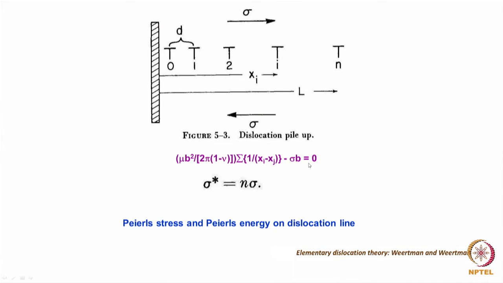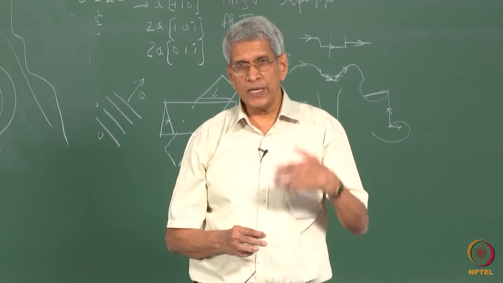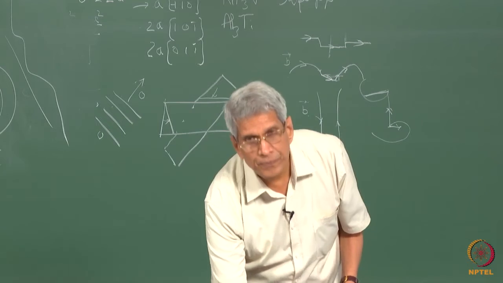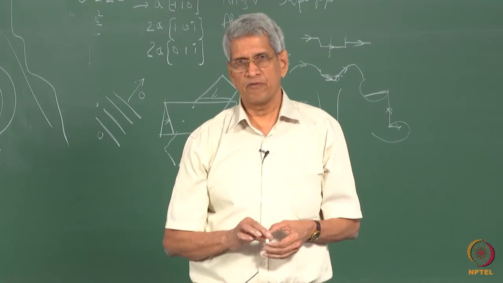Another feature which becomes very prominent is, if this is solved, what is going to be the stress on this dislocation? Each of these dislocations applies some repulsive stress, so the stress multiplies. The solution to this is, on average, if n dislocations are there, n times sigma could be the stress on the dislocation ahead of it.